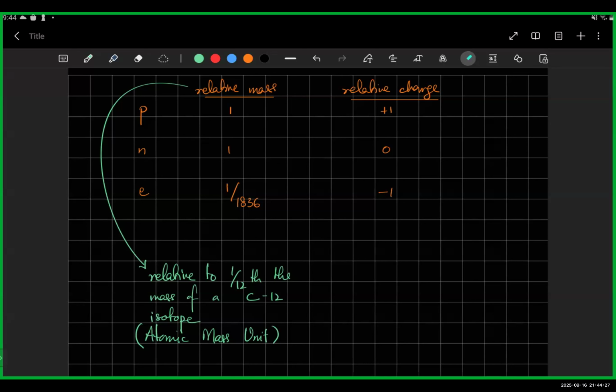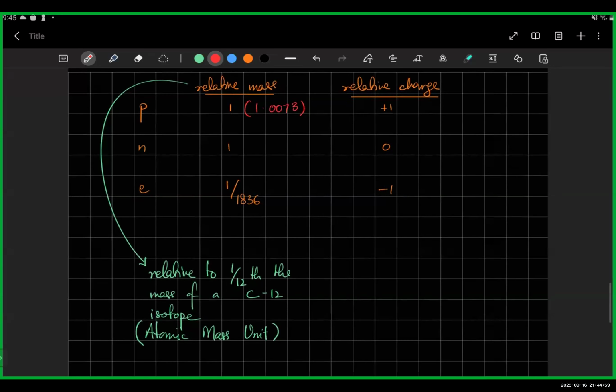I'm going to write it down over here. So the proton in reality actually has a mass of 1.0073 relative to carbon 12. Okay, so compared to carbon 12, it has a mass of 1.0073. It's almost 12 times lighter than carbon 12. Carbon has a mass of 12, so this is 12 times lighter, but not exactly 12 times. It's 1.0073.